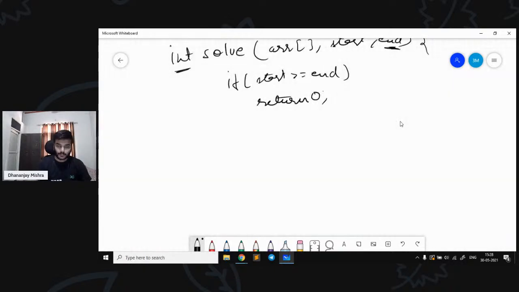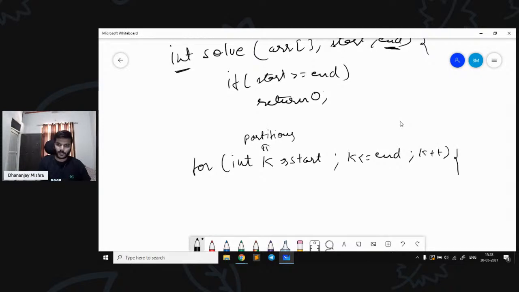Now, as we said, we will have a partition at each and every index. For that, I have a K that will denote my partitions. It will start from start, and we assume it will go till end, with K plus plus.